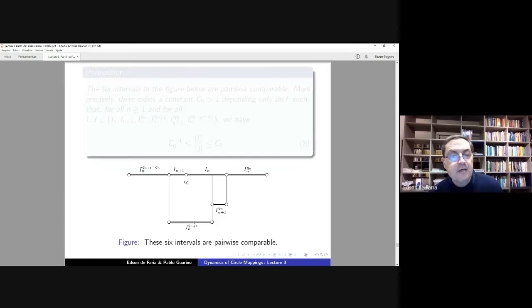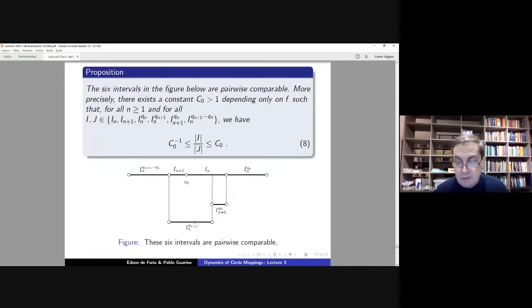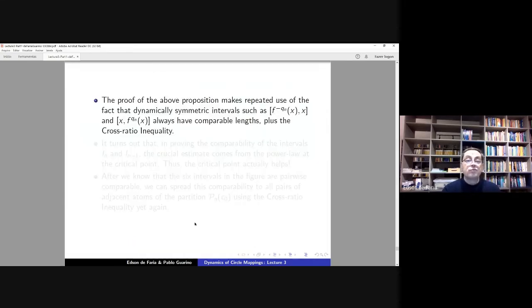Once you prove that these 6 intervals are comparable, then what you can do is just propagate this information to the rest of the atoms of the partition P sub n of C0. You spread this information just using the cross ratio inequality. So here's a place where the cross ratio inequality comes in as a fundamental tool, okay?